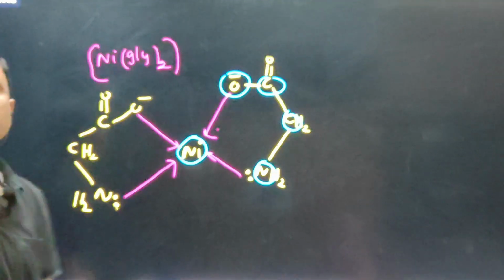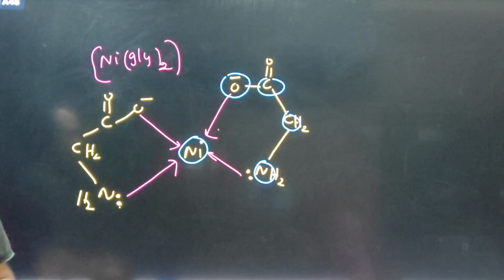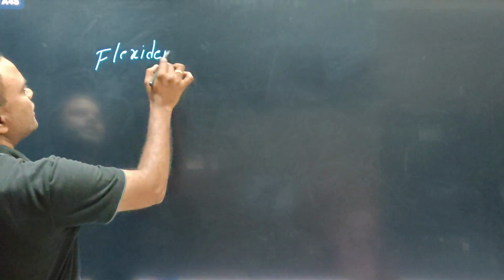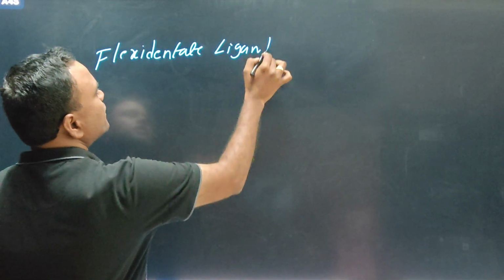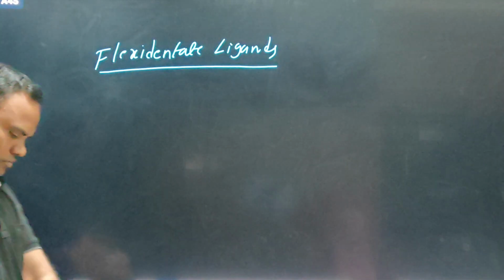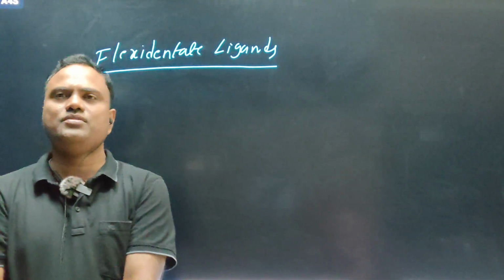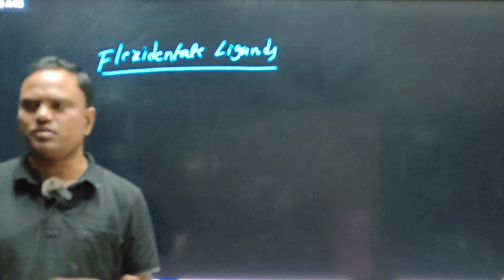Right, next, flexidentate ligands. See, some central metal atoms have a particular binding capacity with the ligands.